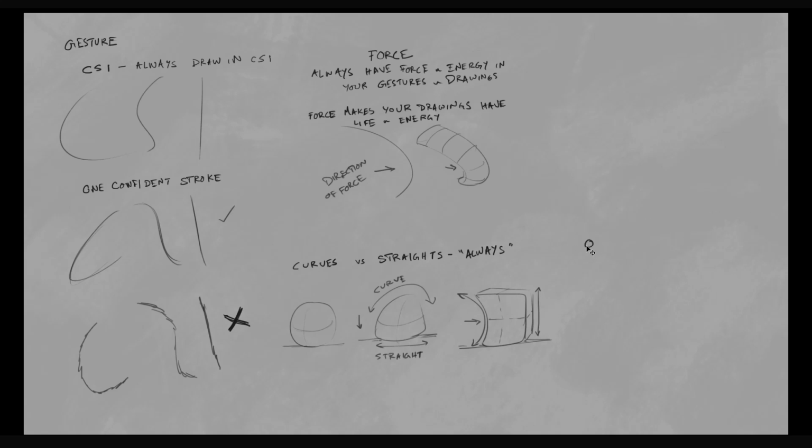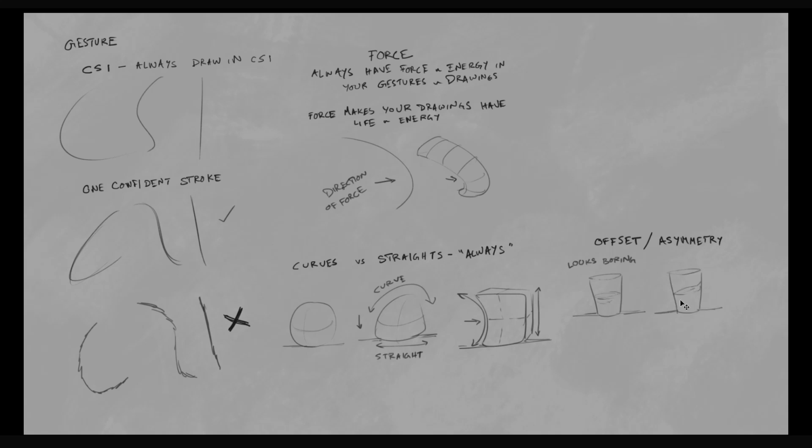Okay, next is off balance and asymmetry. If you look at the human body carefully, there is always off balance and asymmetry in each and every part of the body. Okay, so what do I mean by that? Let's take a glass of water. When you see a glass of water and the water is still, it appears to be boring. Like there is no story to it, or no excitement to it.